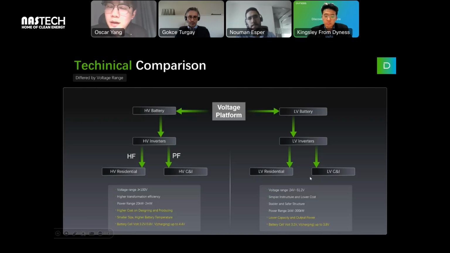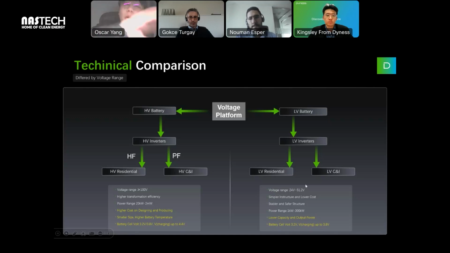So we can see here LV batteries are divided by different power ranges. We can call them LV residential and LV CNI. For LV residential, maybe the power range is from 5 kilowatts to 20 kilowatts. And for LV CNI, when you are connecting in parallel, the power range comes from 20 maybe to 120 kilowatts.